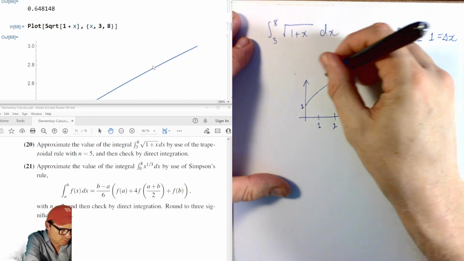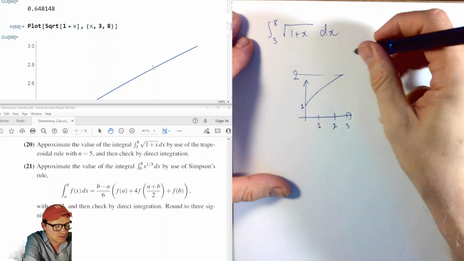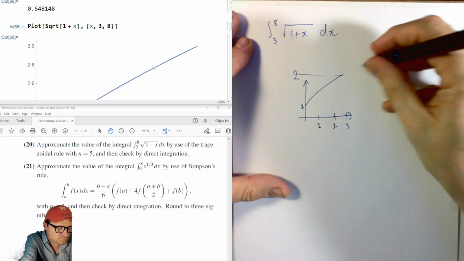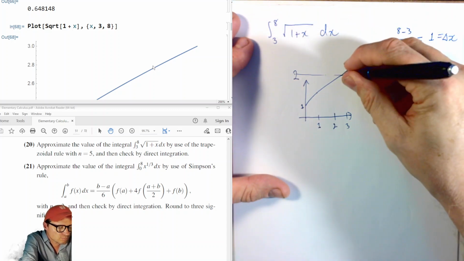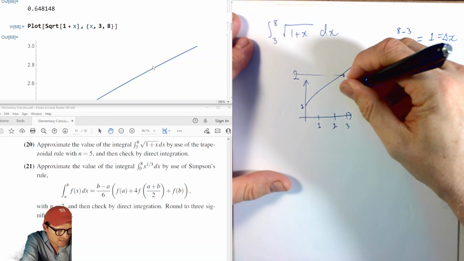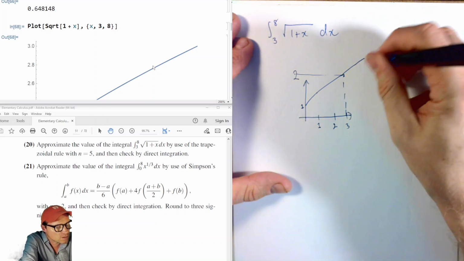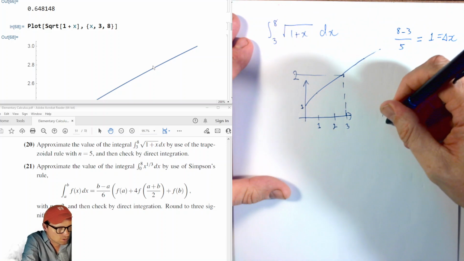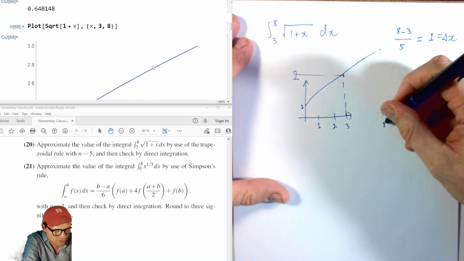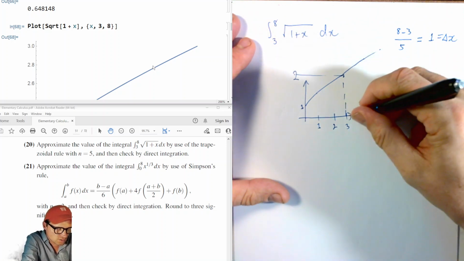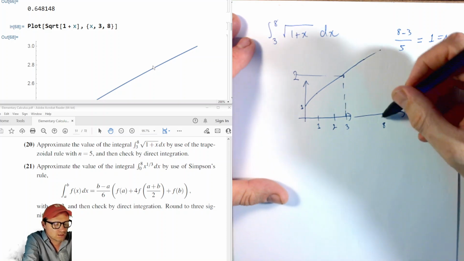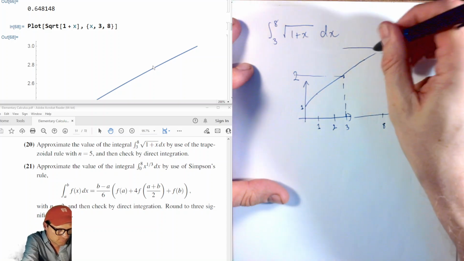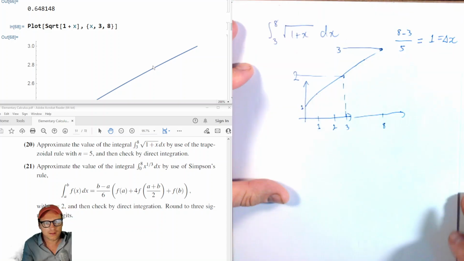So then we would have 2 up here, and so on and so on. But we start this at 2. And so we're also interested in the function evaluation at 8. So when x is 8, we have the square root of 9, which is 3. So the height here is 3.